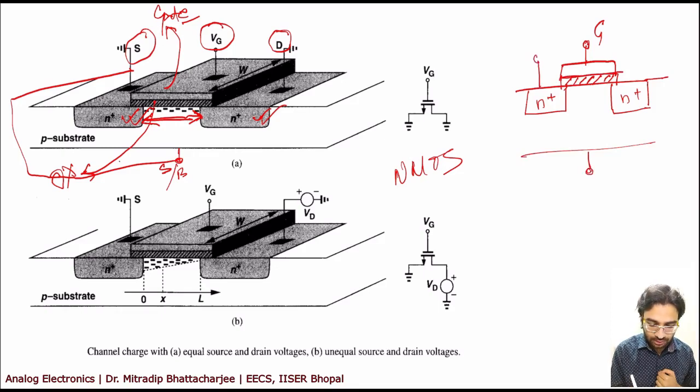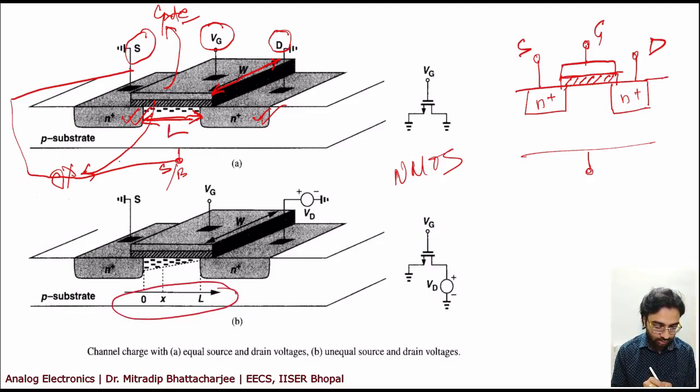Here you have source and here you have drain. This is the cross section. However, the 3D image will provide another dimension, which is also known as width. This width is also very important, as we progress we will see. So this is length as shown here. This is what we call the channel length, and this is the width. So both length and width are important.